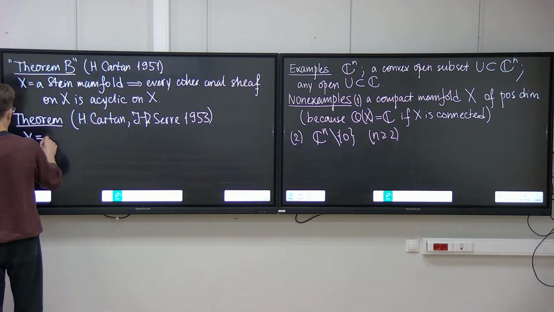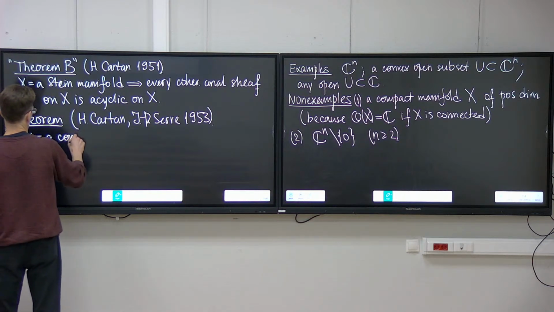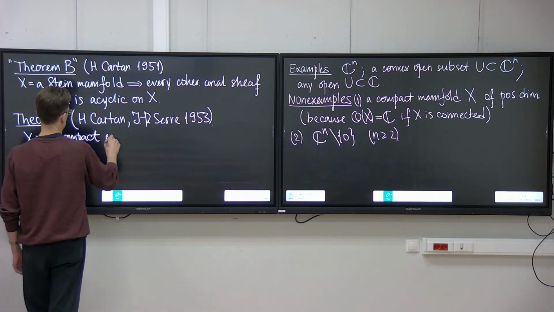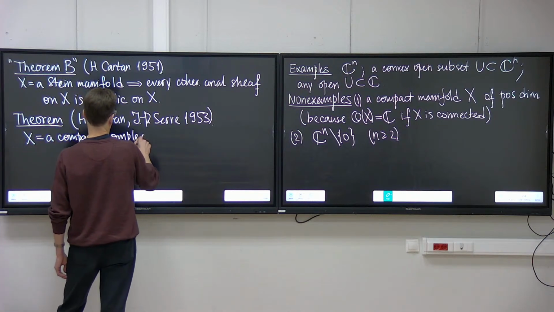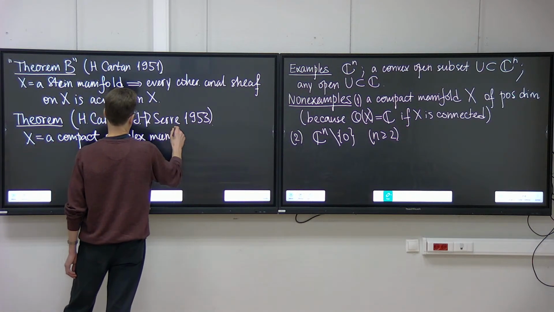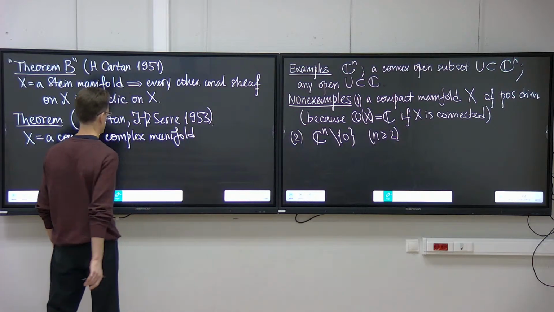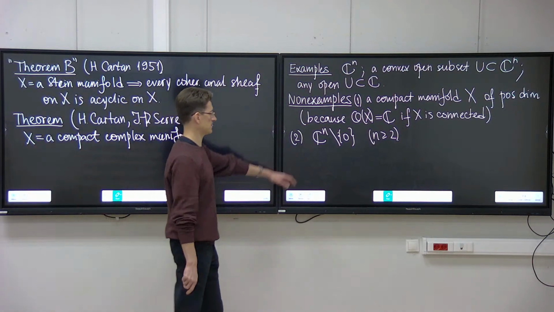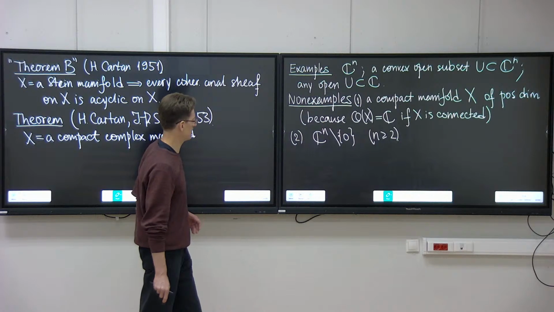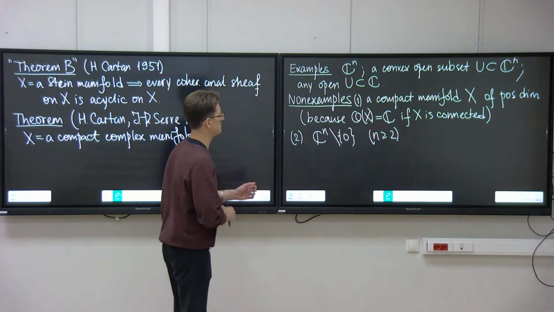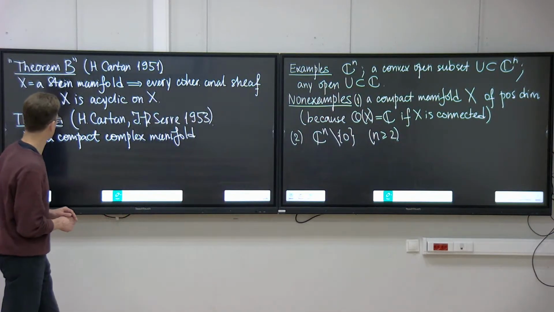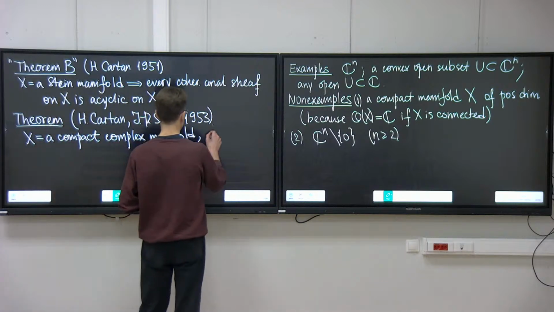Suppose that X is a compact complex manifold. So, in some sense, it is an opposite case. Compact complex manifolds are never Stein. And F is a coherent analytic sheaf.